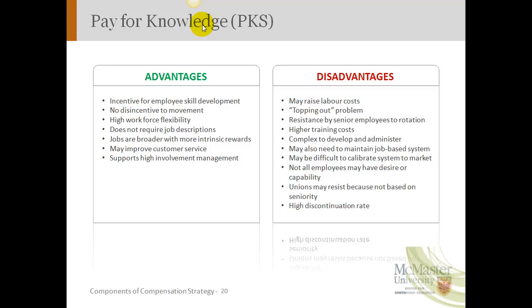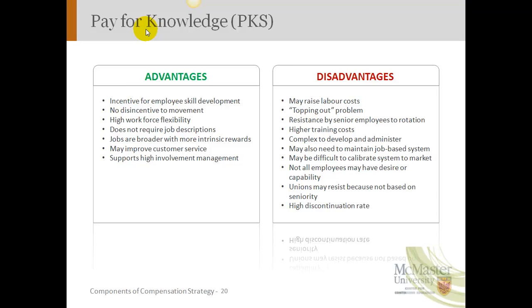Now, when we talk about pay for knowledge, the way we're going to look at it is both competency-based pay for people at a professional level, managerial level, as well as at the operating level. In your textbook, they've differentiated them, but they really are one and the same thing. They're just applied to two different groups of employees.